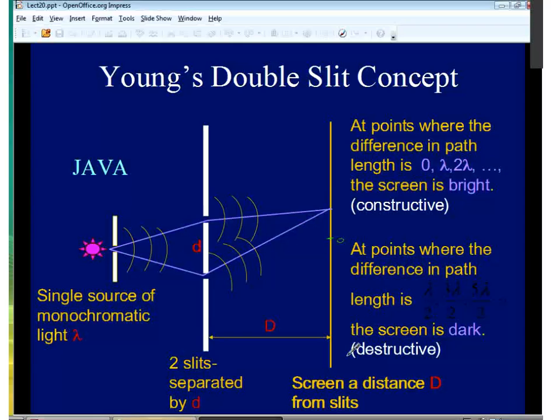And between 0 and lambda comes lambda by 2. Between lambda and 2 lambda, 3 lambda by 2.